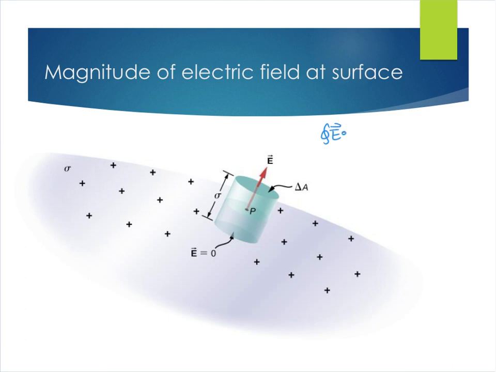This is similar to the sheet of charge that we did in a previous video, except now we made it a cylindrical box, and the only contributor is the top of this box, because on the sides the electric field would be 0, and on the bottom the electric field is 0, so we only have a contributor on the top to the total integral here.